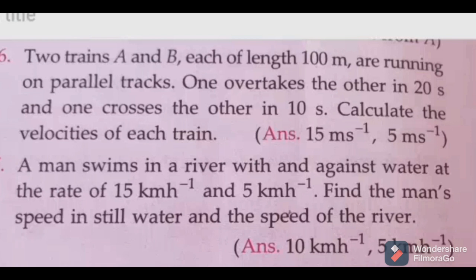If we take the velocity of train A as u and velocity of train B as v, when train A overtakes train B, what will be the relative velocity? It should be u plus v or u minus v.